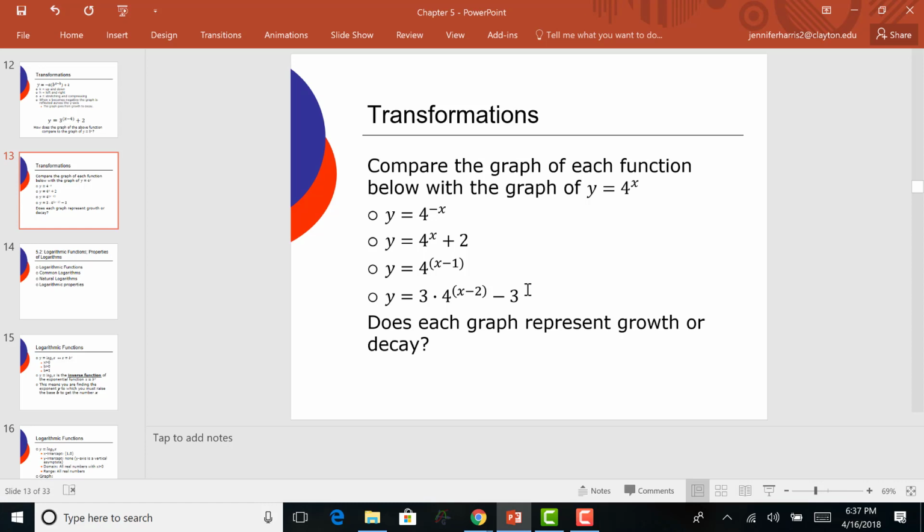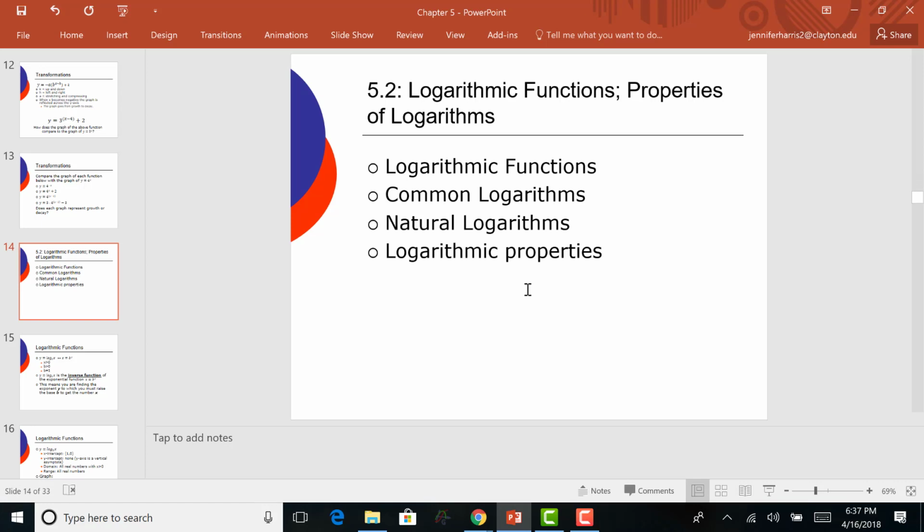Well, these equations have inverses as well. So the next section is logarithms, which are the inverses of exponential equations. If I give you an exponential equation and say find the log of it, you're finding the inverse of it. Alrighty? So let me give you some examples of what I mean.